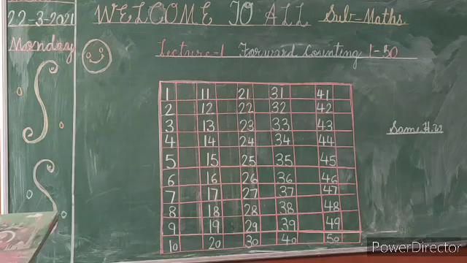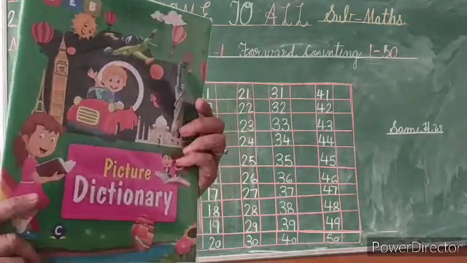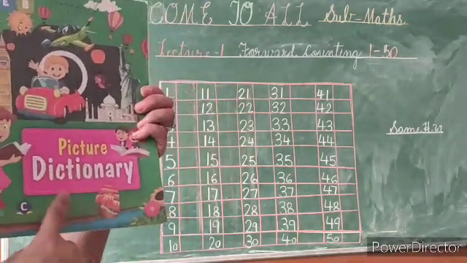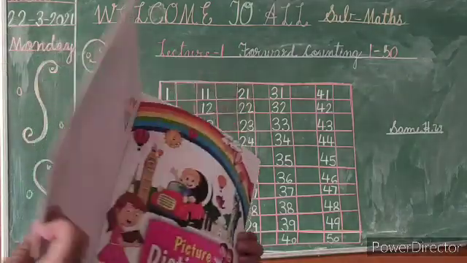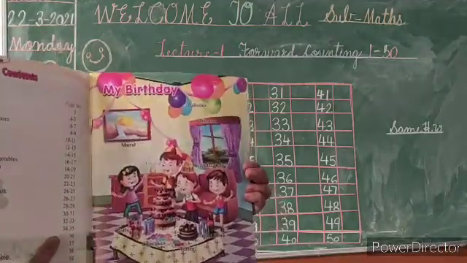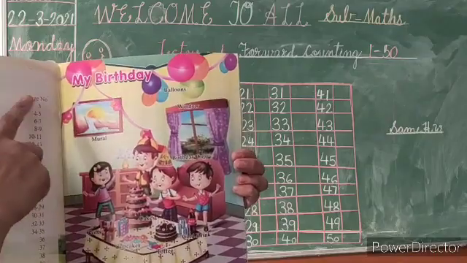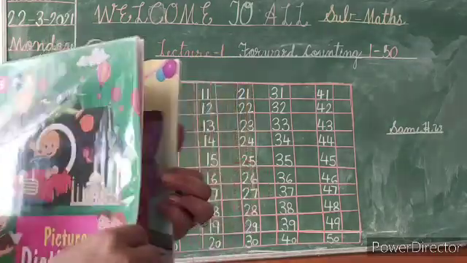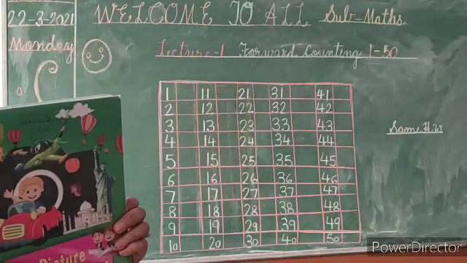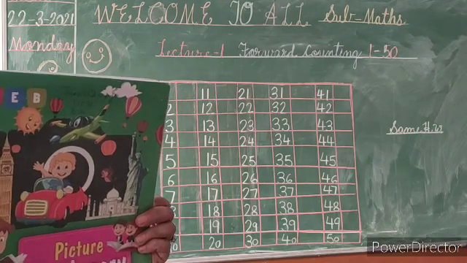Listen students. This is your GK book, picture dictionary. Here some chapters are given and you have to make the GK copy. Understood all of you?